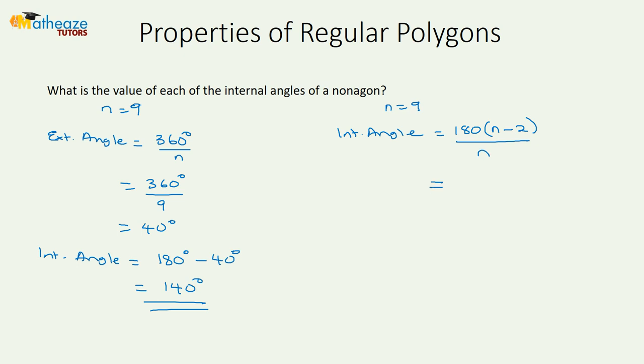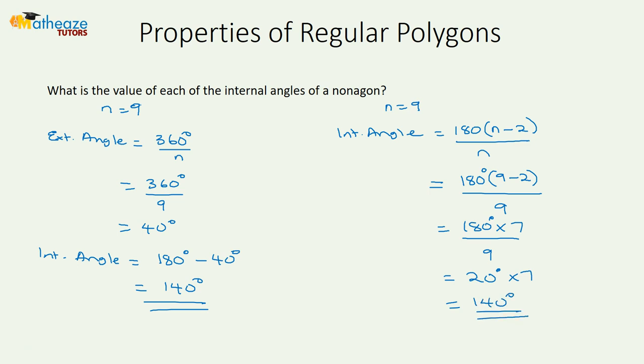So this is going to give us 180 degrees multiplied by 9 minus 2, and then you divide that by 9. So this is 180 multiplied by 7 divided by 9. This is going to give us 20 degrees multiplied by 7, which is 140 degrees.